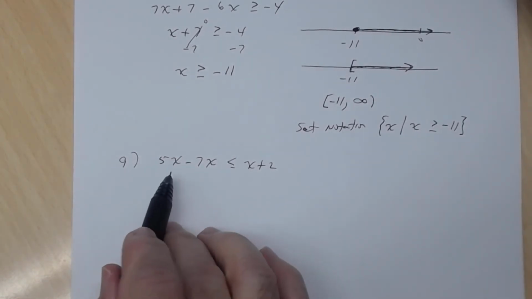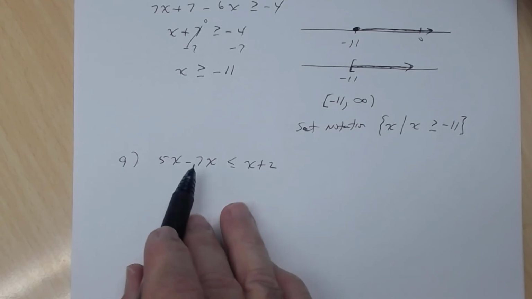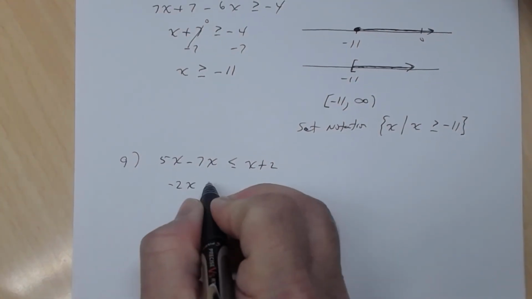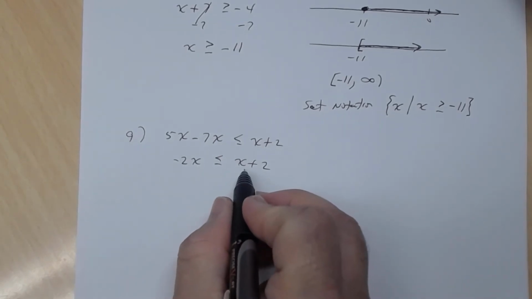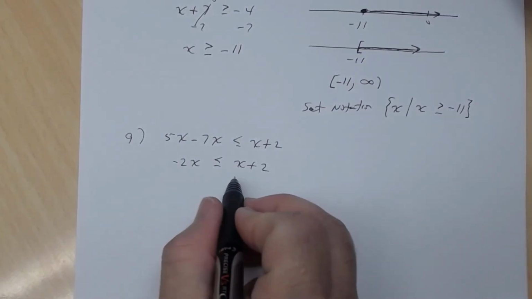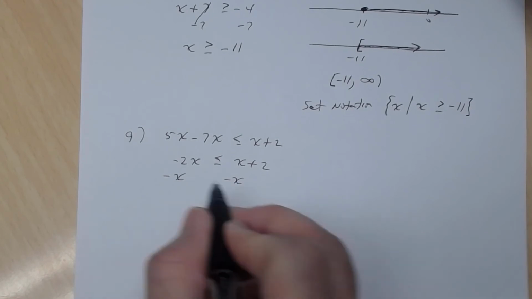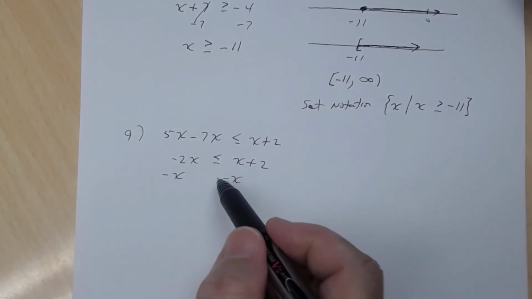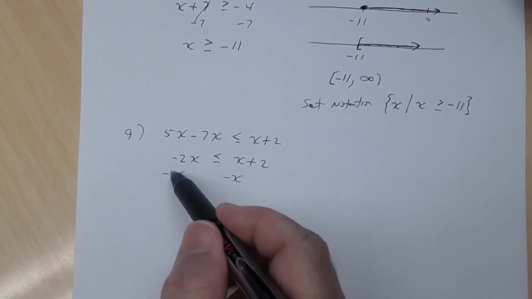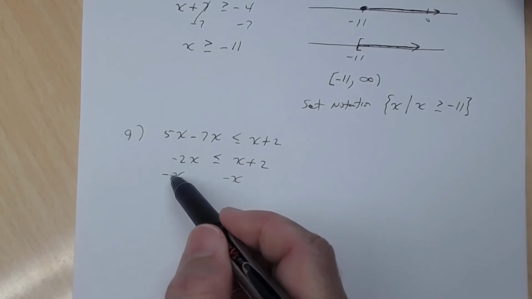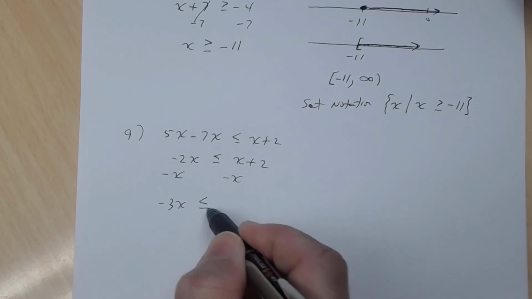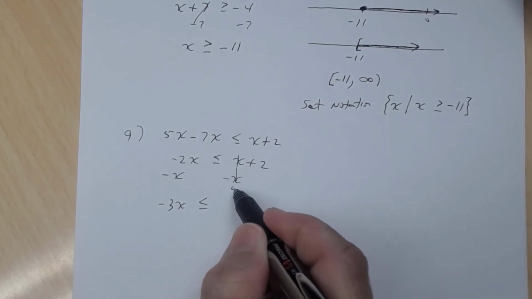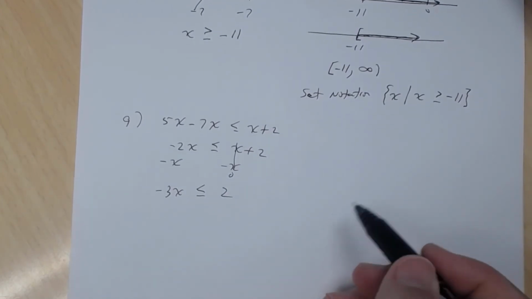Let's bring the variables to the left-hand side. I'm going to subtract x from both sides. What I do to one side, I do to the other. So a negative 2x and a negative 1x, remember that's understood to be a 1, that's a coefficient. So that's a negative 3x is less than or equal to, and then negative x plus x is 0, so 2.